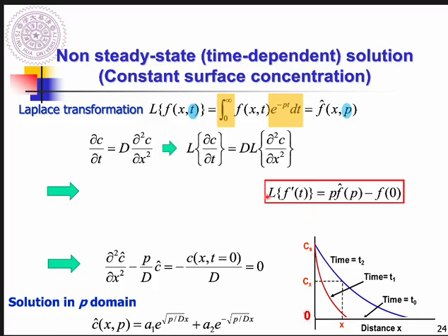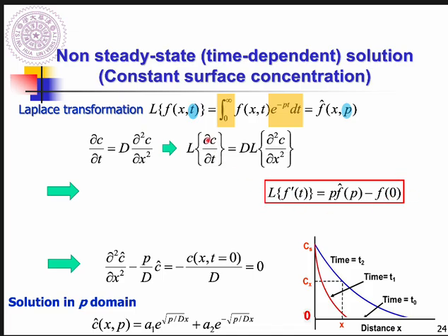And if you check your mathematics books, you know that the Laplace transform of f prime of t gives p times the Laplace transform of f, minus f of 0. This is information you can also check from your mathematics textbooks.